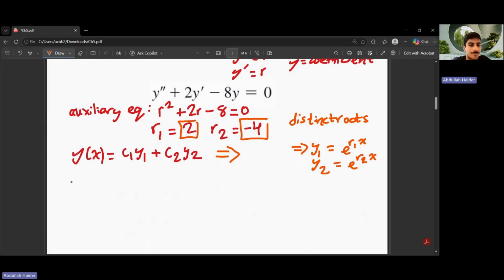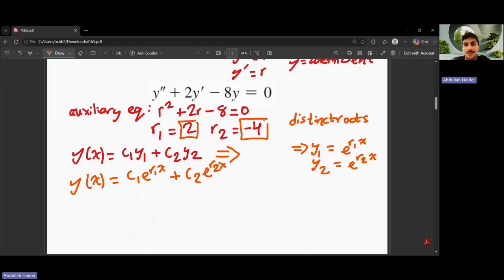So now we can write y of x is equal to c1 e power r1x plus c2 e power r2x.